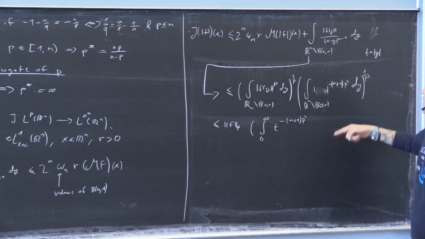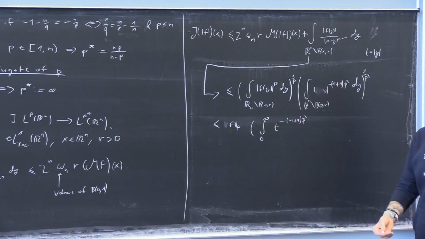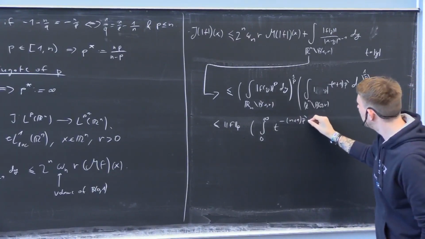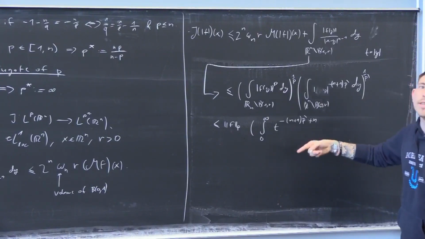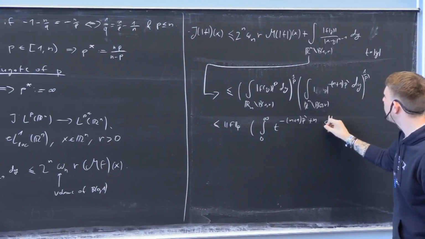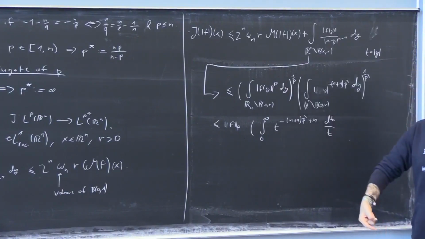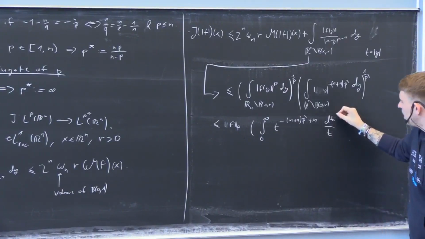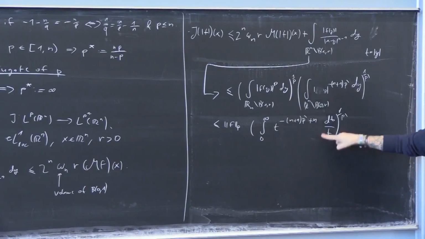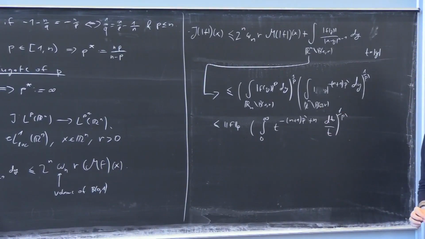Additionally, from using polar coordinates, I get some extra factors of t, so I will write here plus n. Normally it's n minus 1. This minus 1 I will put into the measure, so I will write it against the H measure. Then 1 over p prime. This is just this expression in polar coordinates.